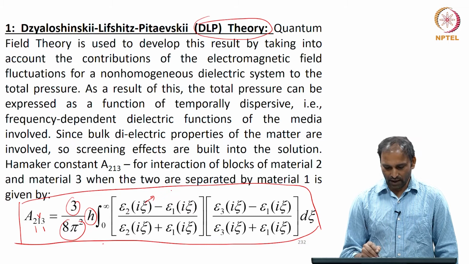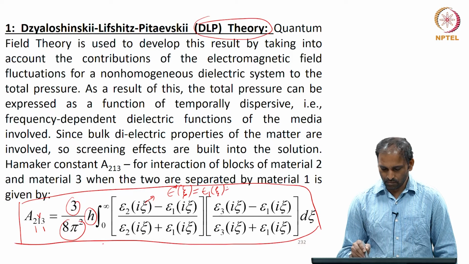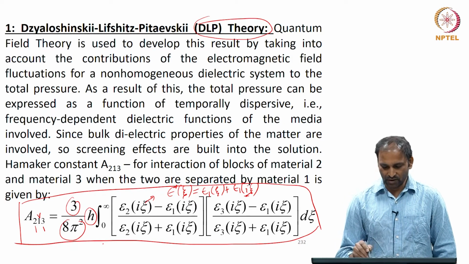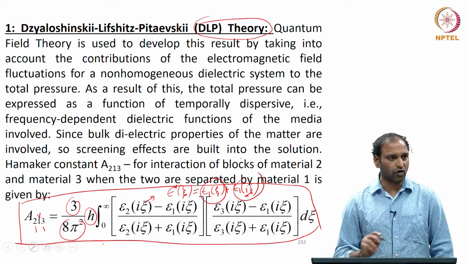So, we said that epsilon star is epsilon 1 in this case plus i times epsilon double prime. So, there is a storage component and there is a loss component.